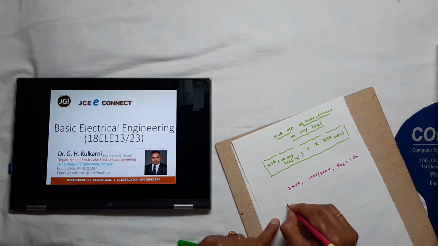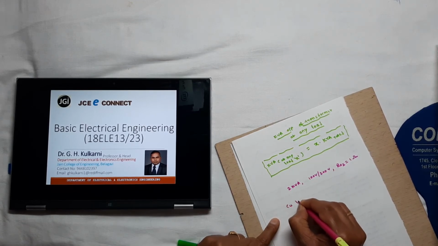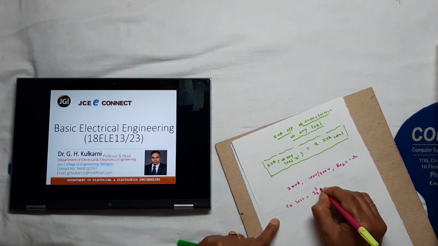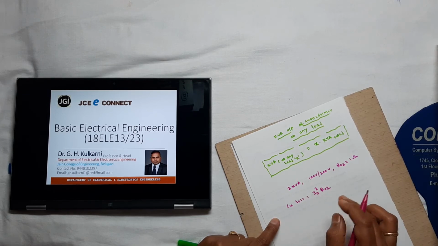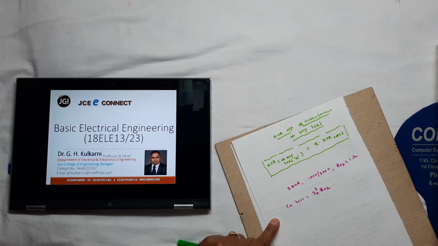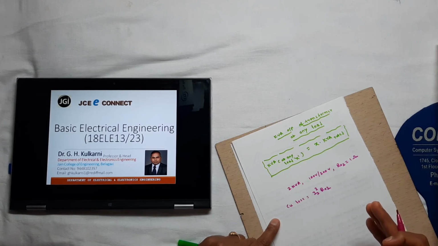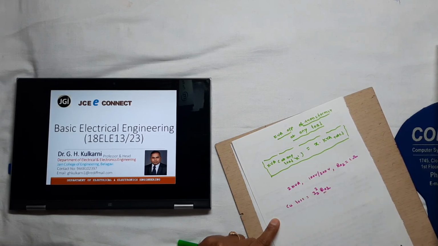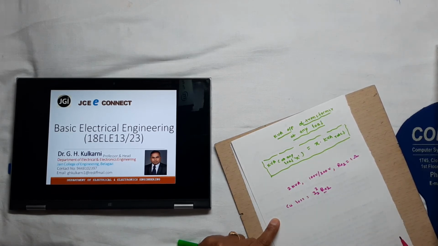Then what is the copper loss? Copper loss is expressed with respect to the secondary. It is I2 square into RO2. What is RO2? RO2 is the total resistance of the transformer referred to the secondary. Whatever the resistance is there in the primary, that is transferred to the secondary and added to the secondary resistance also. Then we are finding out the total equivalent resistance, that is what we are calling RO2.